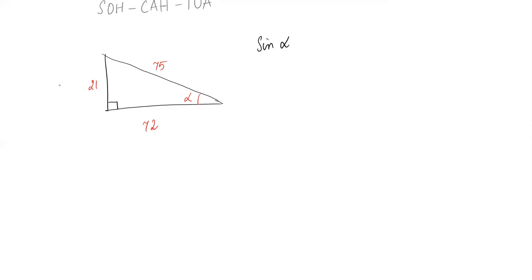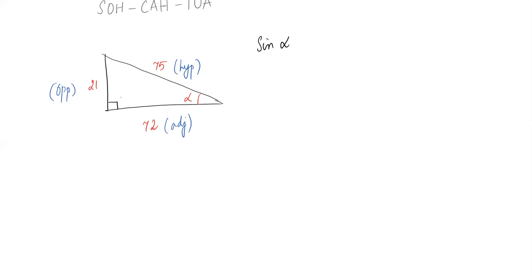Its opposite side is 21. The side opposite the 90 degrees is 75, so that is your hypotenuse. The hypotenuse is the longest side of the three, and 75 is the largest number. So it's all lining up. The leftover one must be adjacent, right next to alpha.